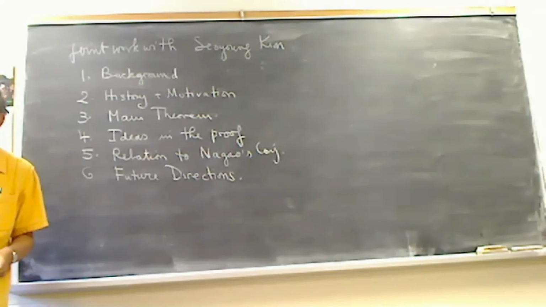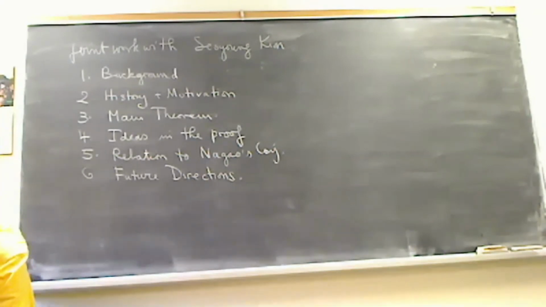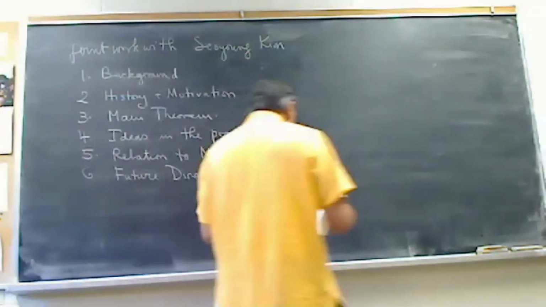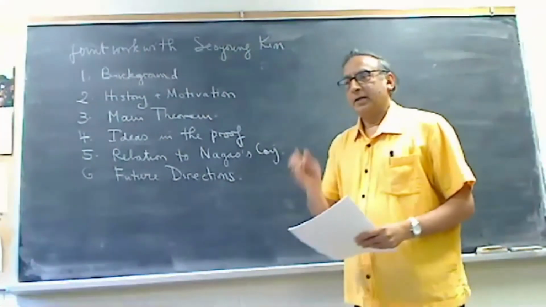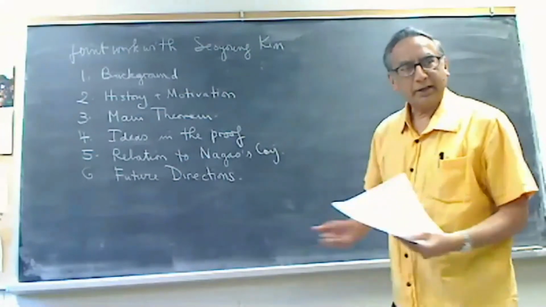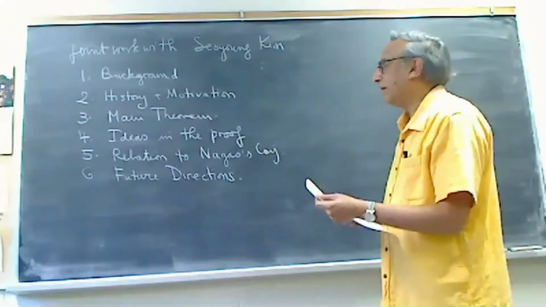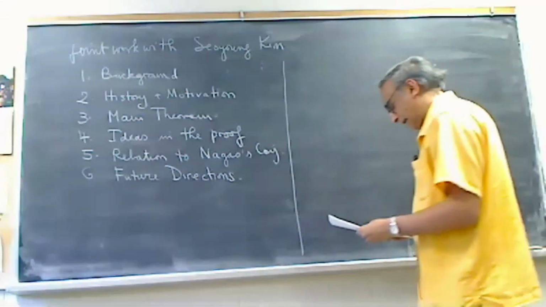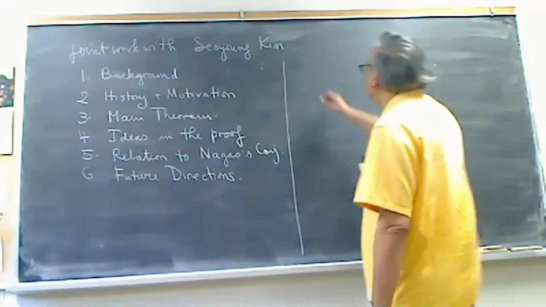Let me get myself in order here. So let's begin with a little bit of the background. Based on the talks earlier, it's clear that most of you already know a considerable amount about elliptic curves, but let's get the notation in order.